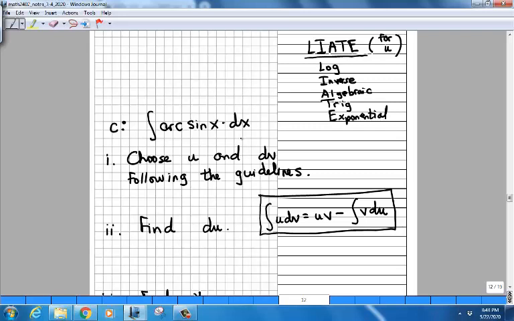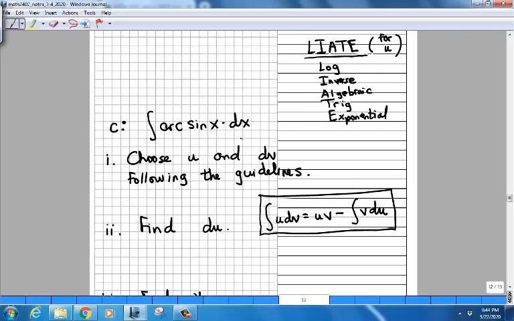Then next, if you have an algebraic expression, something like square root of x or x squared, you let that part of the integrand be u. Then next, if you have a trig function in your integrand, you let that be u. And finally, last choice, if you have an exponential function in your integrand, then you let that be u.